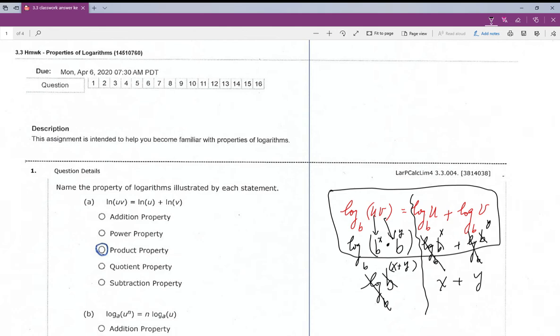So if u and v multiply, then their exponents need to be addition. Let's follow the exponent rule. So this is the formula you want to follow. Now, ln basically means base e. So still follow the same formula. You may try.